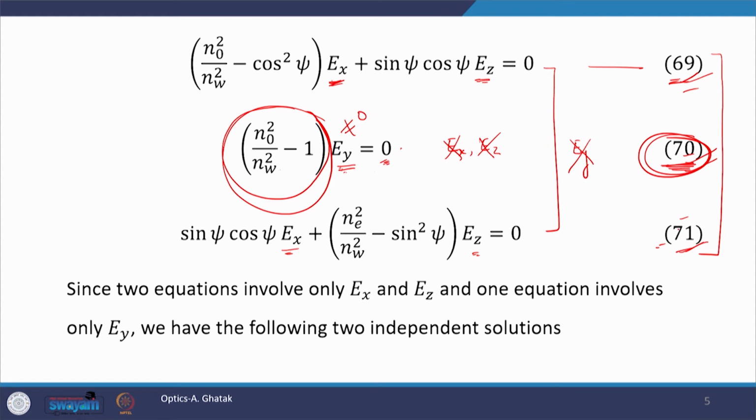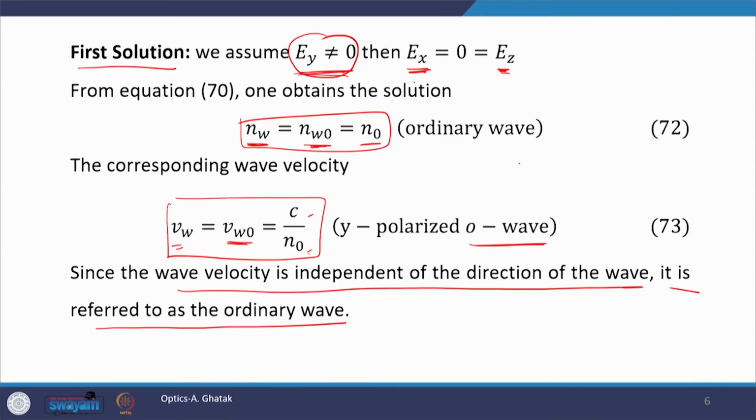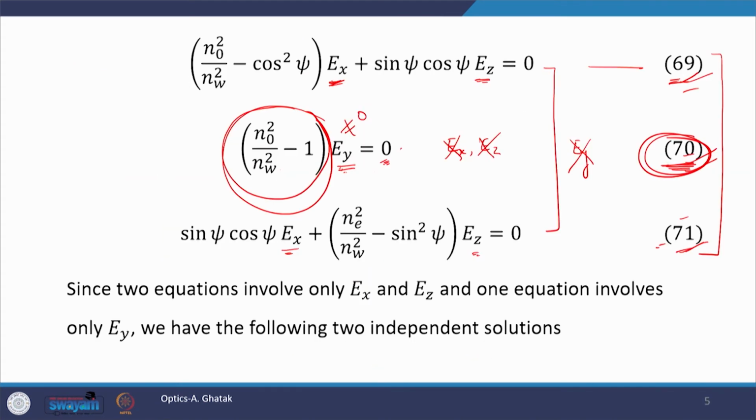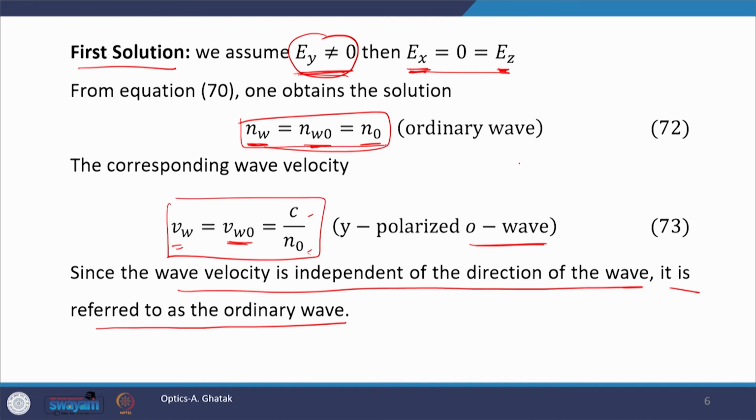But now we are solving for a case wherein E_y is not equal to 0 and E_x and E_z are equal to 0. Now, with this we got the refractive index is a constant quantity, therefore, velocity is also a constant which is direction independent. Therefore, the scalar relation between D and E now becomes valid.